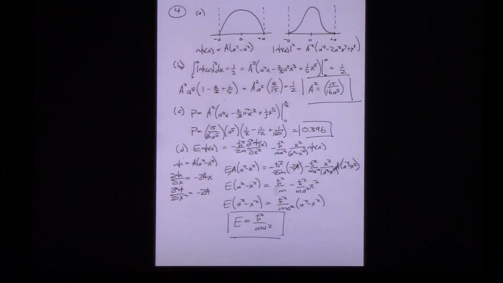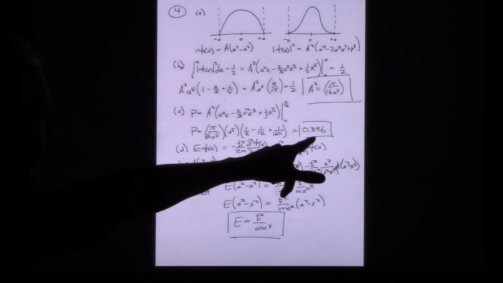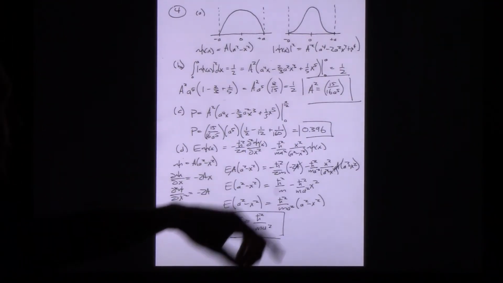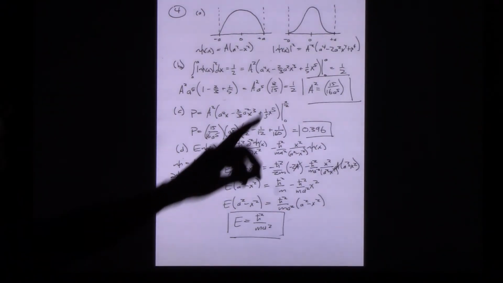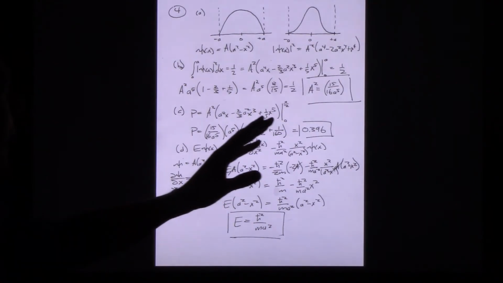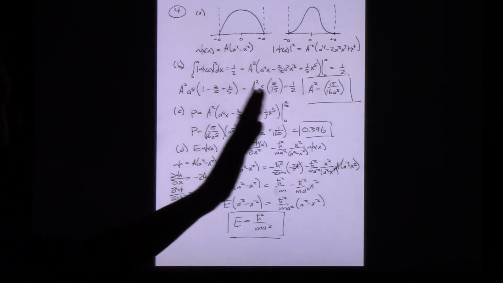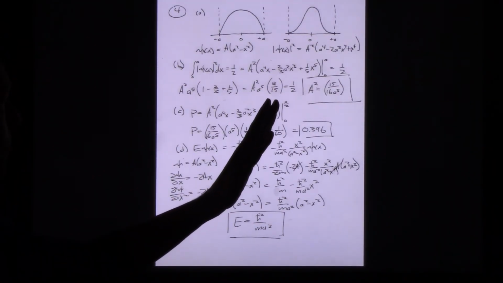And I should say this too, unless it's a really simple fraction, you shouldn't leave the probability as a fractional number. You should convert it into a decimal so that it's easy to evaluate what's going on. So with this probability that we calculated, what we're seeing is 39.6%, or about 40%, of the probability is between 0 and 1/2 a.